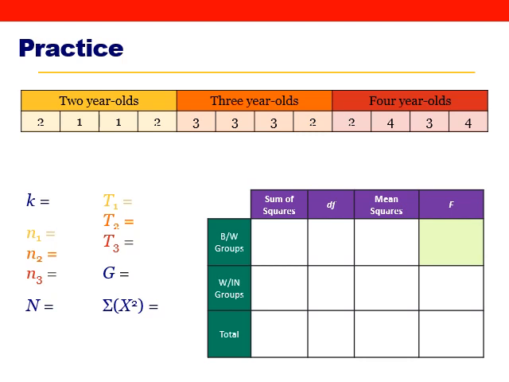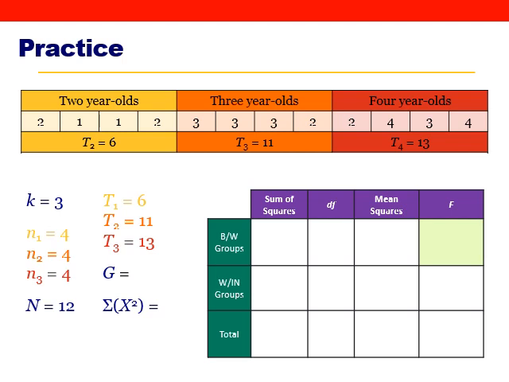There were 3 groups in this study, so the value of K was 3. Each of the 3 groups had 4 children in that group, so each of the little n's is equal to 4. There were 12 total children in this study, so the value of big N is equal to 12. For the 2-year-old group, the 4 children combined placed 6 stickers correctly, 2 plus 1 plus 1 plus 2.